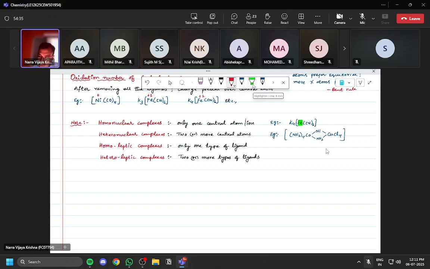In this case, how many central atoms? 2.